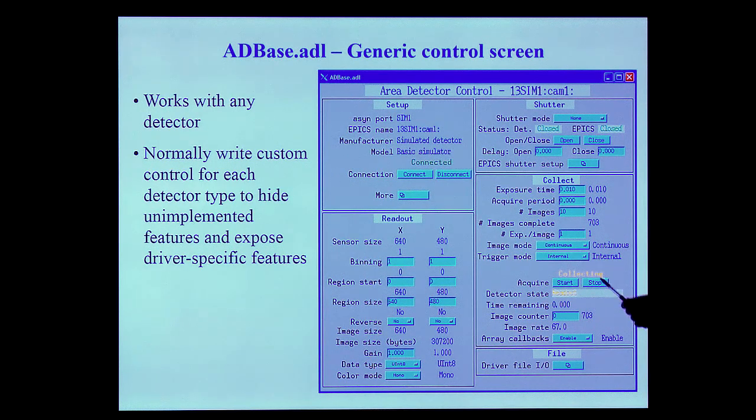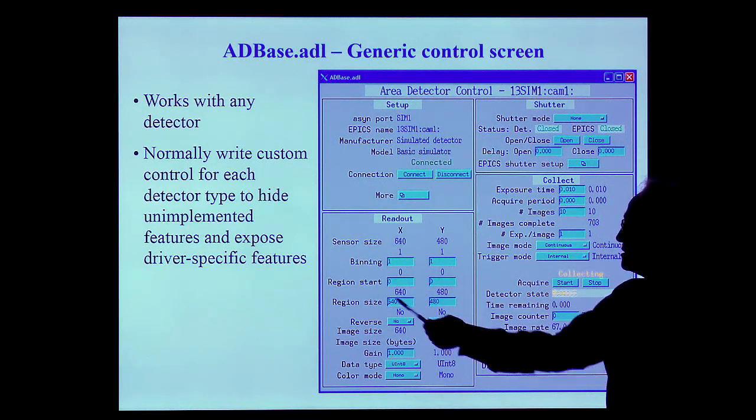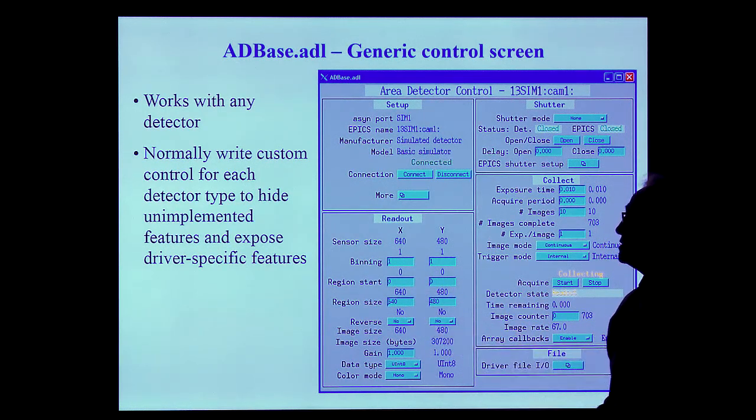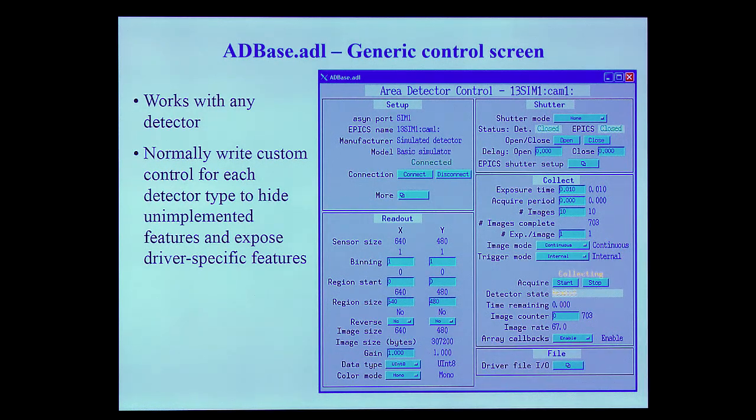Obviously, to start and stop acquisition, setting the binning, a region of interest of the detector to read out, whether you should reverse the image, flip it in the X or Y dimensions, and so on.